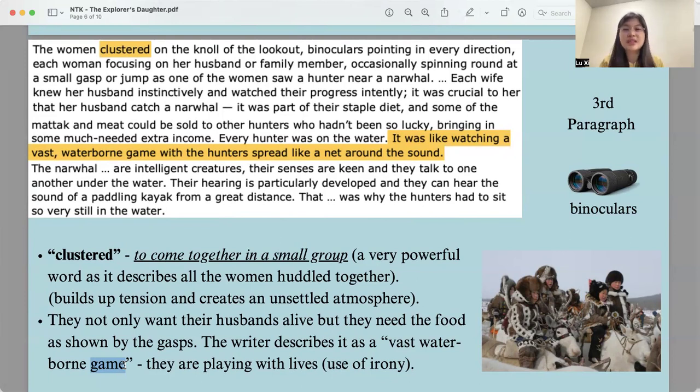It's a matter of life or death. So the writer is using a delightful, easy way of describing the scene, but it's only being ironic. The author tries to convey the message that it's not easy to be a hunter in the Arctic and to raise the whole family.